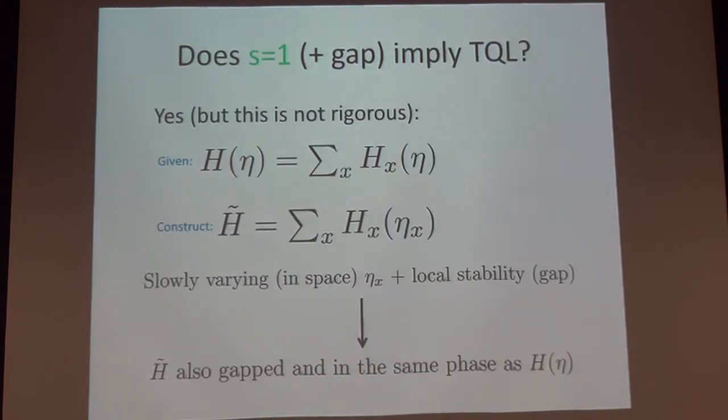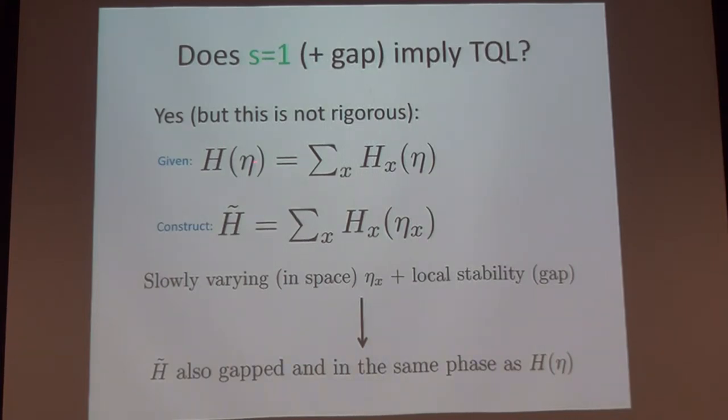And you can ask the opposite question. Does S equal to 1 imply that it's a topological quantum liquid? I think the answer is yes, but this is not rigorous. But the idea is the following. Suppose I give you some Hamiltonian path. So I know it's S equal to 1, so I know there's a path which takes me from size L to size 2L, which doesn't close the gap.